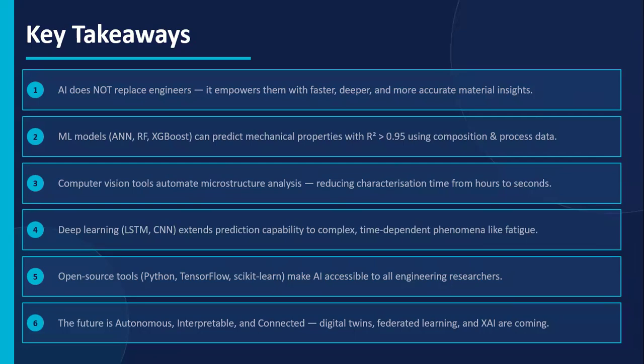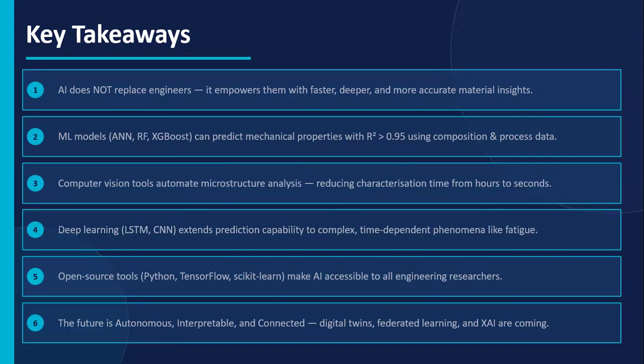Before I close the session, I would like to describe the following key takeaways of today's session. To summarize, AI does not replace engineers, it enhances engineering capabilities. Machine learning models can predict material properties with very high accuracy.